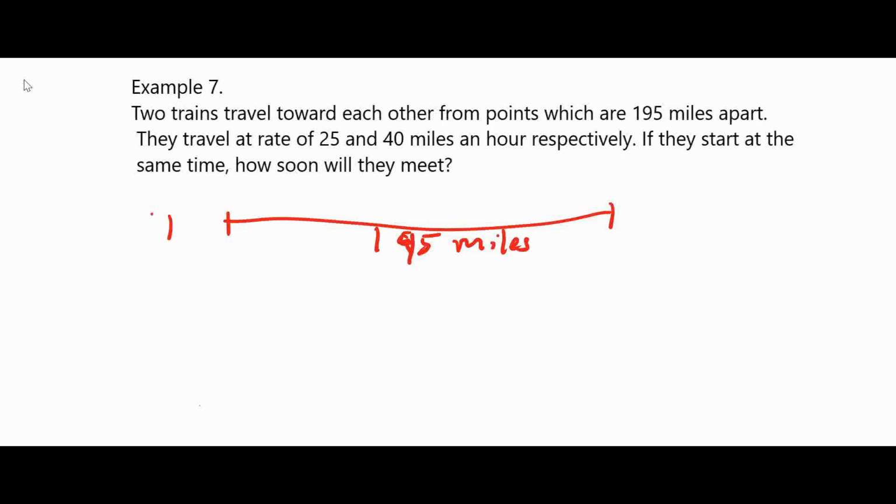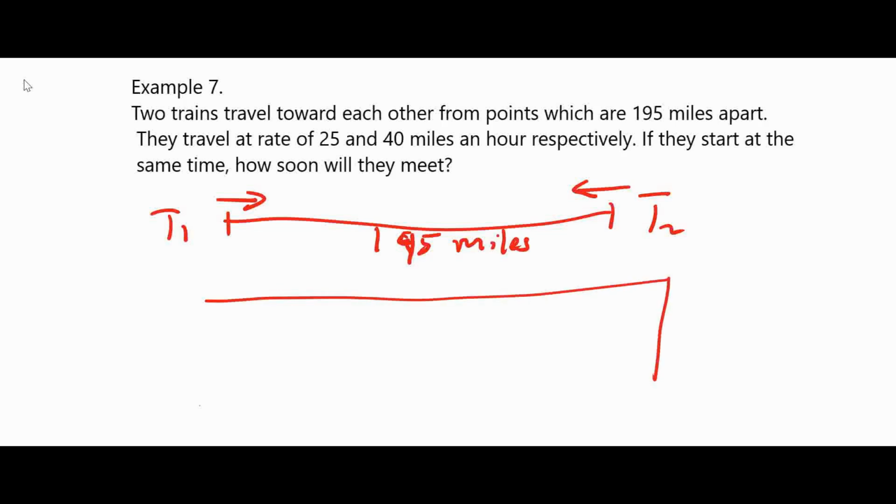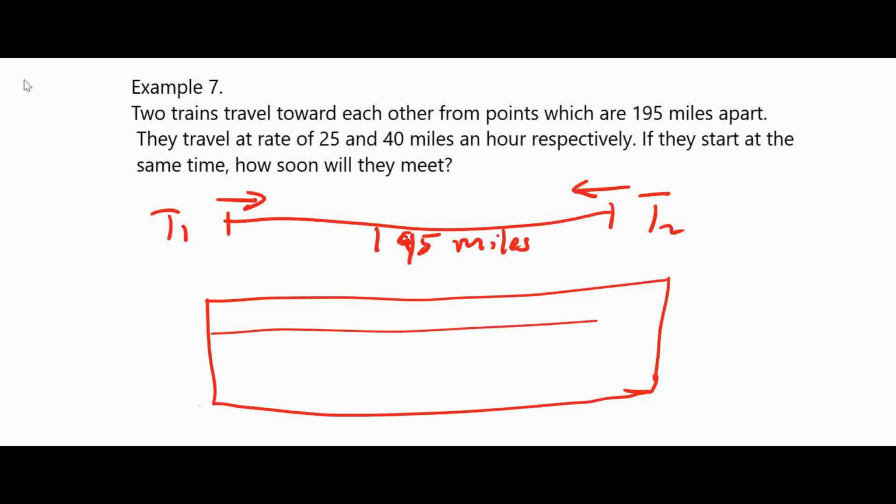So if this is train 1 and this is the second train, they are moving in opposite directions. They are moving towards each other, and will be covering a distance of 195. So we can illustrate this using a table.